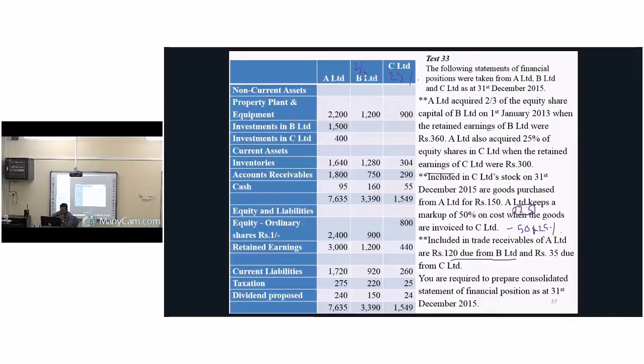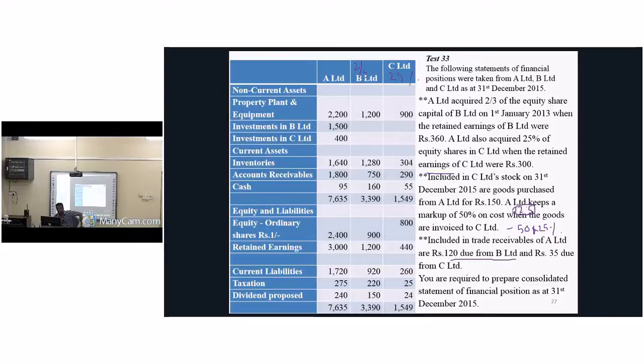You just go and see my first day slides. There I have mentioned what a subsidiary is, what a parent is, what an associate is, what a simple investment is. There are 4 types of investment we did, if you can remember.